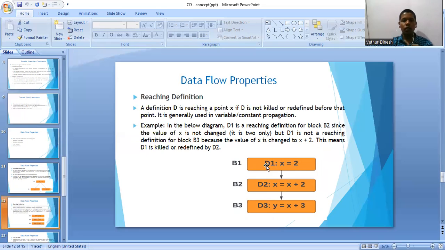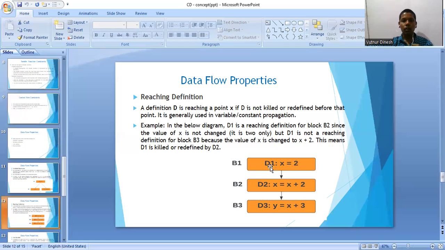In block B1, D1 is the expression X equals 2, in D2 the expression is X equals X plus 2, and in block 3 D3 the expression is Y equals X plus 3. In block 2, D1 is a reaching definition, but D1 from block 1 is not a reaching definition for block 3 because the value of X is changed in block 2.